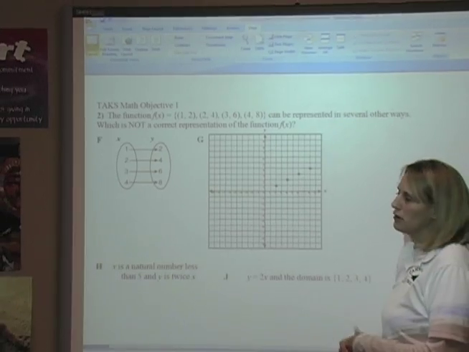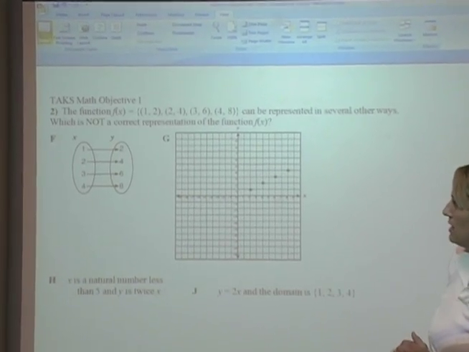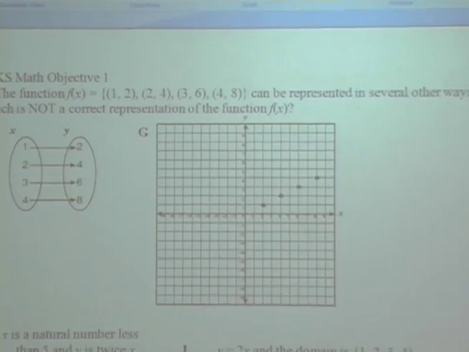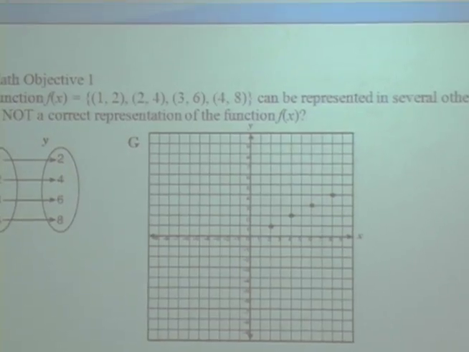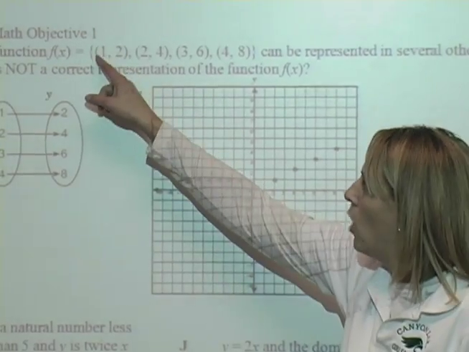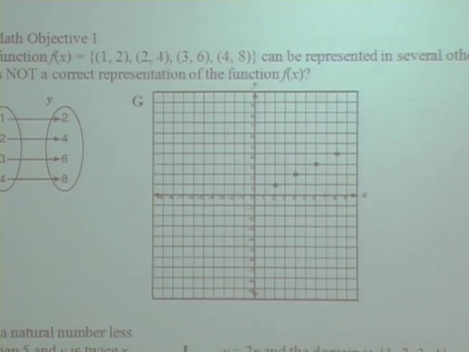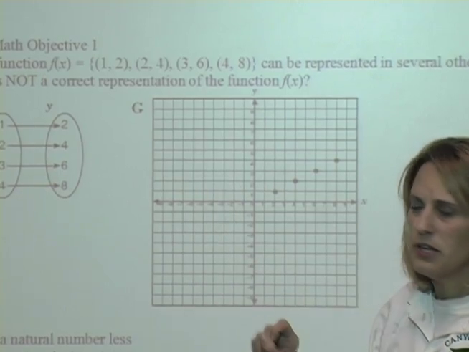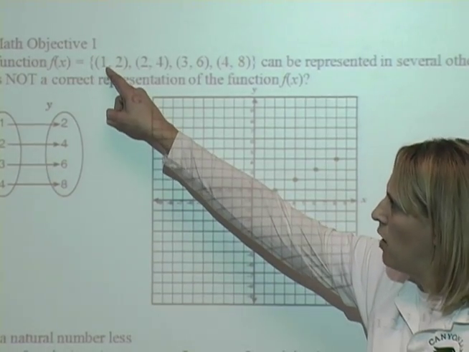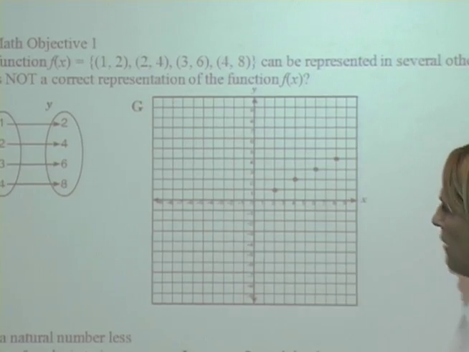So let's move to letter G. Letter G shows it graphed out. So I want to make sure that each of these points is represented on this graph. I start with the point (1, 2). When I go to plot that point, x is first, so I move on the x 1 value and on the y 2 value.